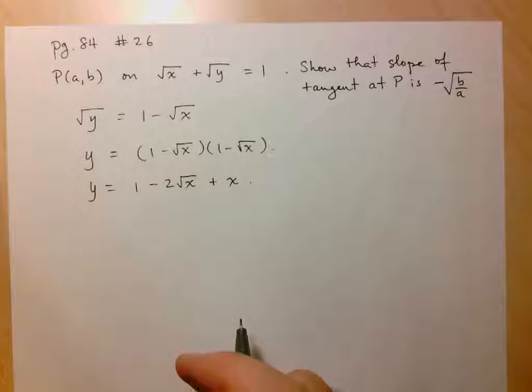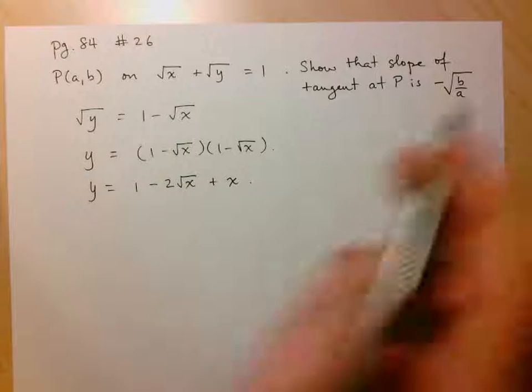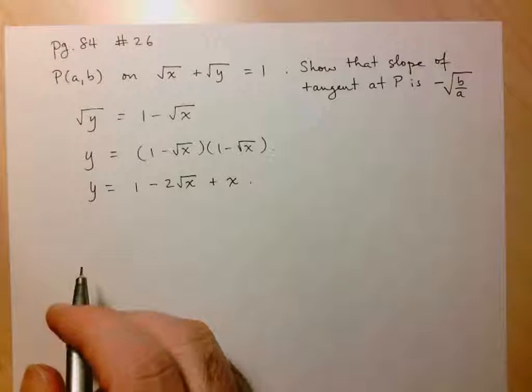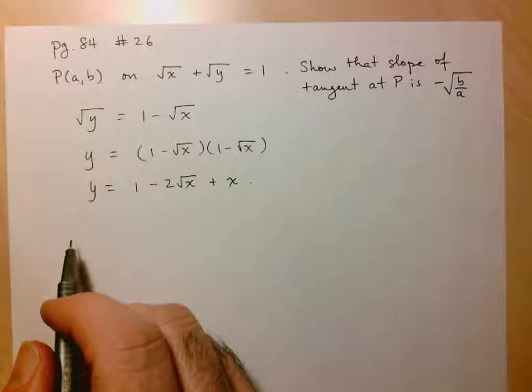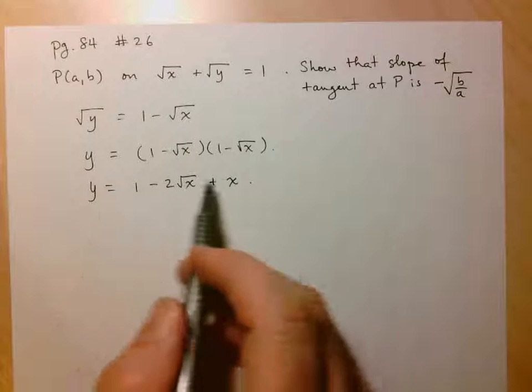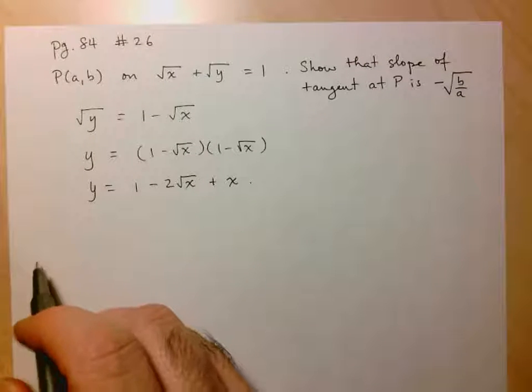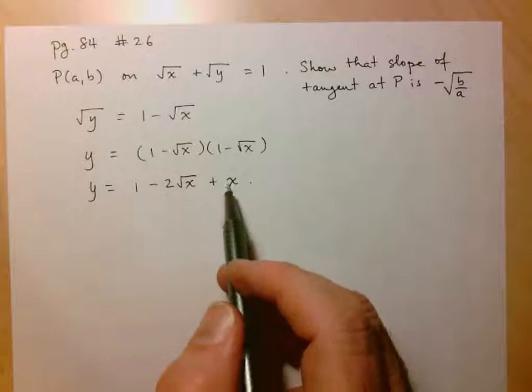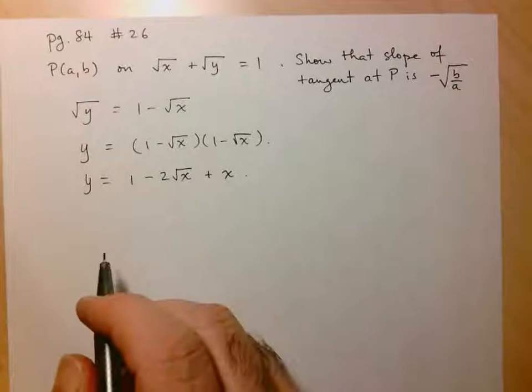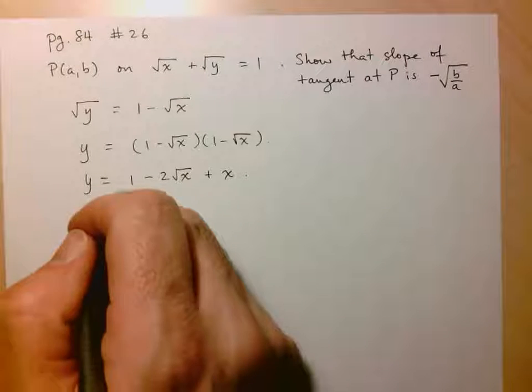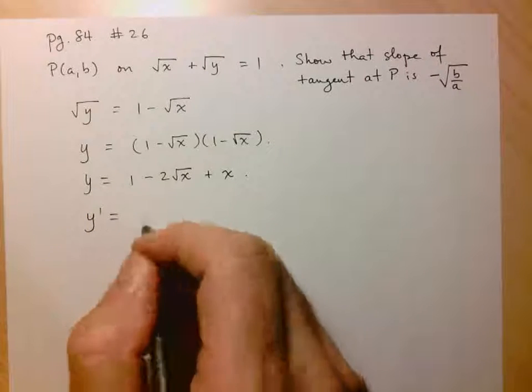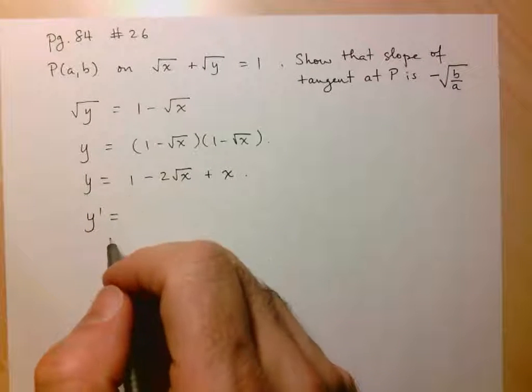We need to show that the slope of the tangent is given by this expression. So how do we find the slope of the tangent to a function? Well, we take the derivative. Luckily, in solving for y, we got an expression for which we know how to take the derivative, because these are all just powers of x. The derivative of 1, a constant, is 0.